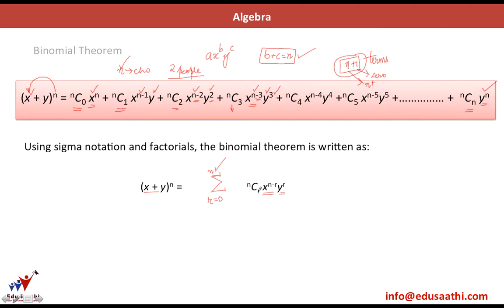For the first term, the value of r would be 0. If you look here, all the chocolates are with x, y has none. If I further want to solve nCr, it will be the summation of r ranging from 0 to n, of n factorial over n minus r factorial and r factorial, into x raised to power n minus r and y raised to power r.